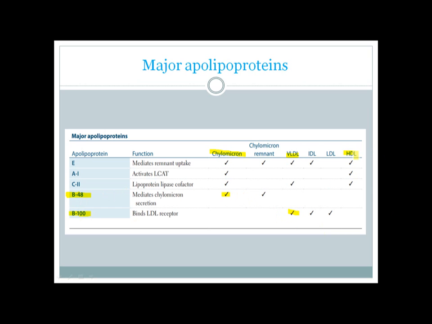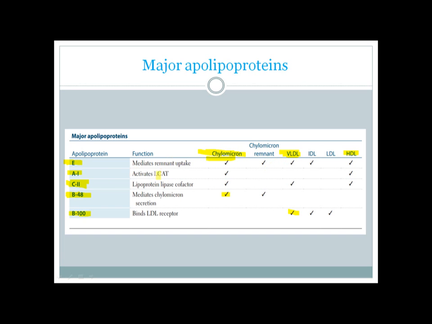For HDL, the molecule present from the birth of HDL is ApoA1, and HDL has two other apoproteins, ApoE and ApoC2. ApoE and ApoC2 are helper molecules which are given from HDL to chylomicrons and also to VLDL. I have already mentioned that ApoC2 helps the chylomicron and VLDL activate lipoprotein lipase and release fat, and ApoE helps the chylomicron end its journey. Okay, these are the most important things.